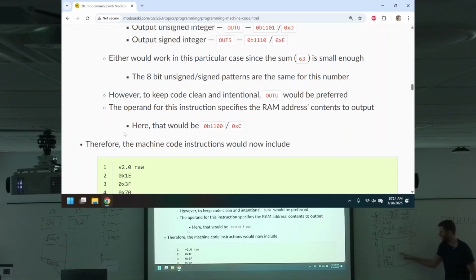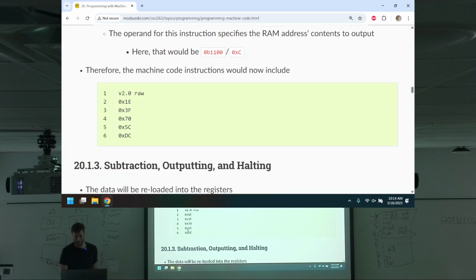I skipped D. I'm going to put the difference stored there. So I want to output C, 63. So now the machine code would look something like this so far. This again is ignoring the data that I would have to add.